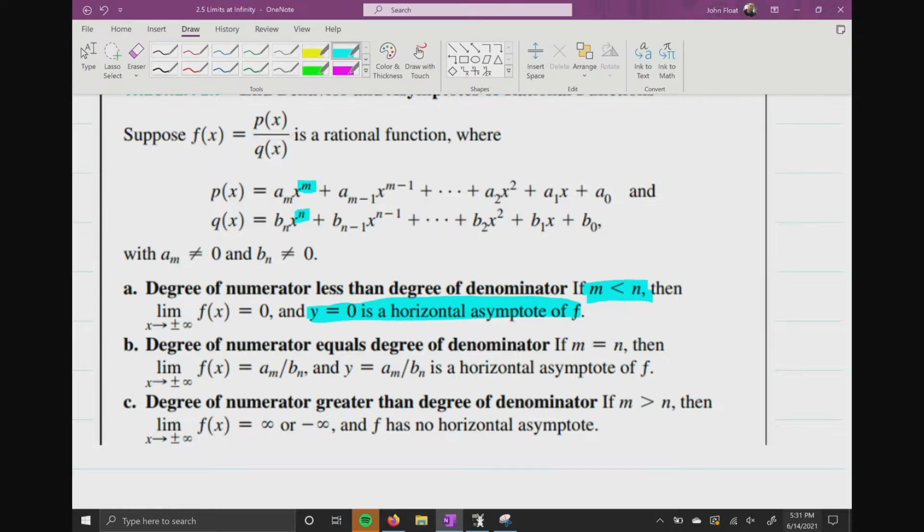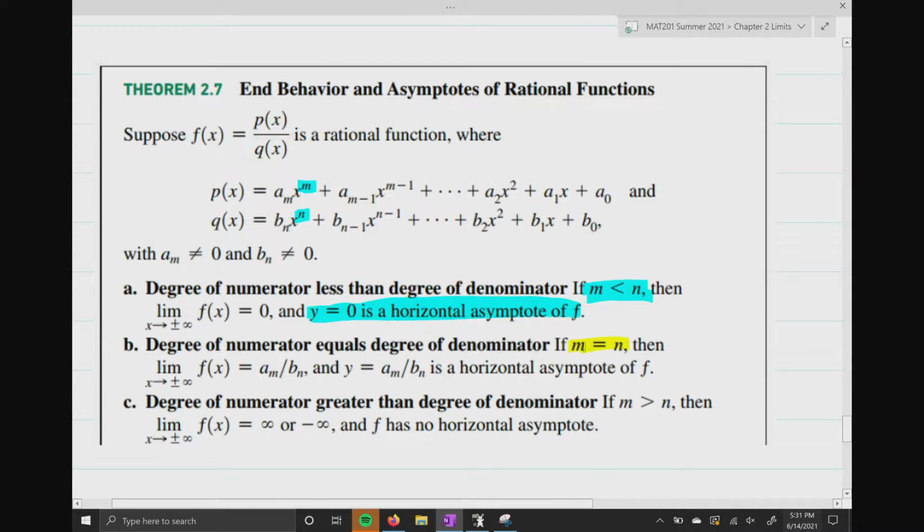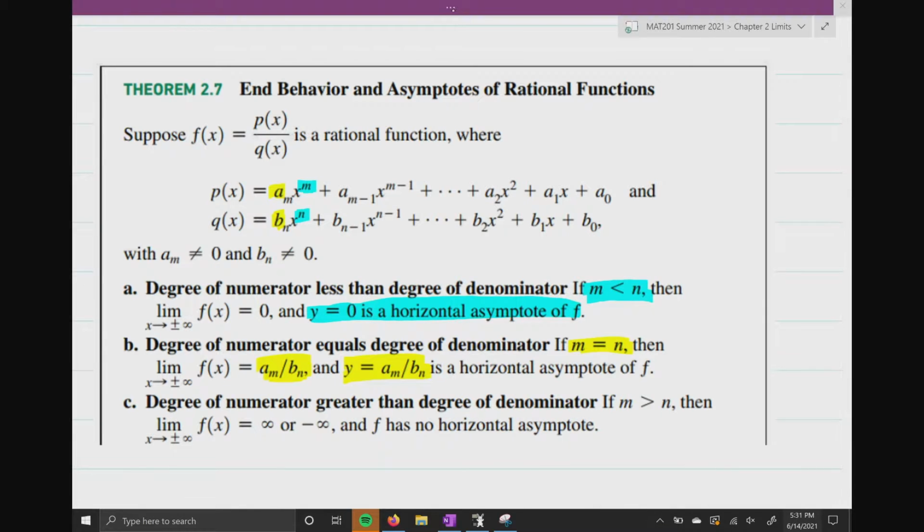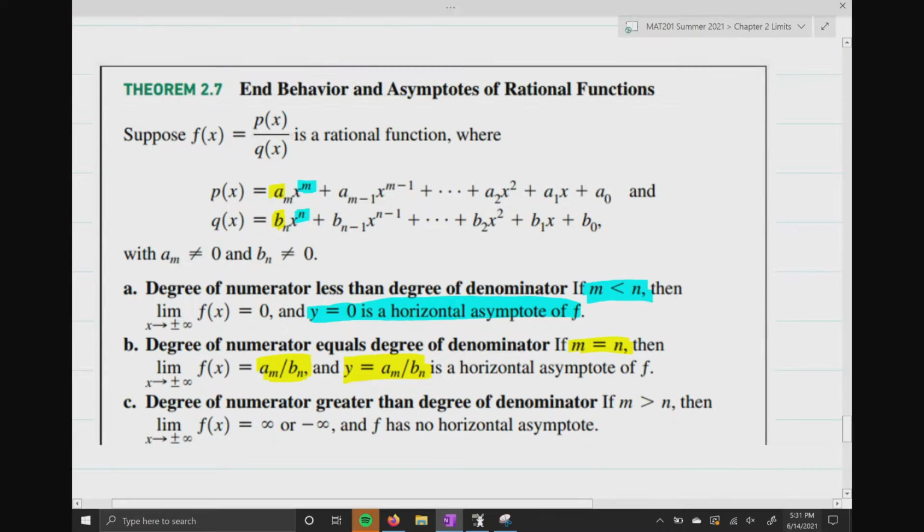I like that. So if m equals n, then you're going to look at those leading coefficients of the numerator and denominator respectively, and it's going to be the line y equals a over b.